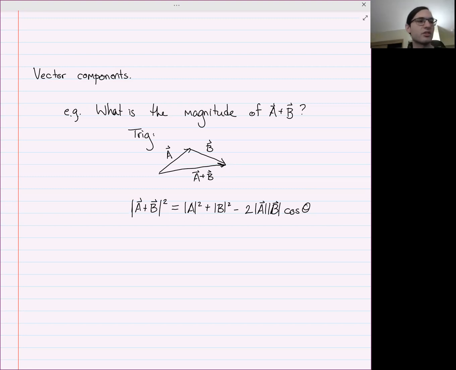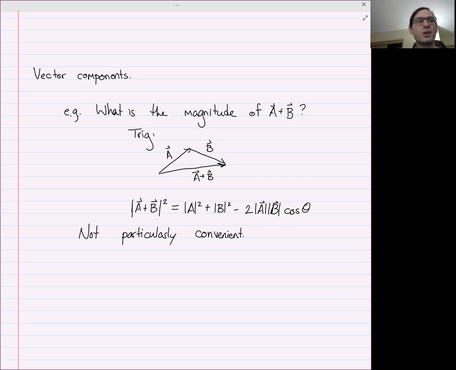You could go and do this computation, but you don't have to. It's not particularly convenient to do so. And don't worry about this formula because we're never going to use it.